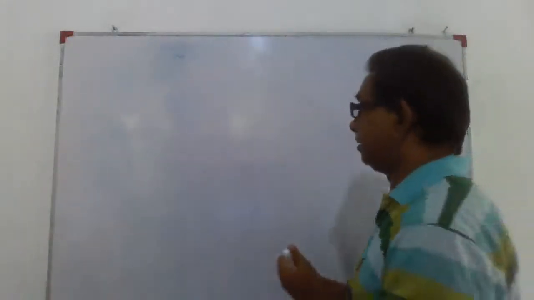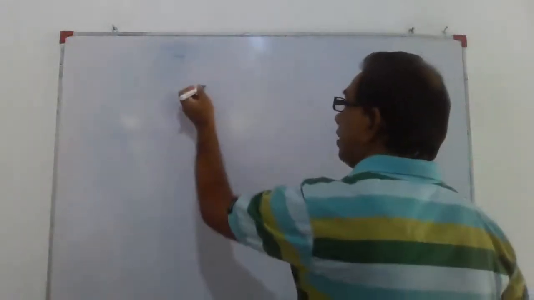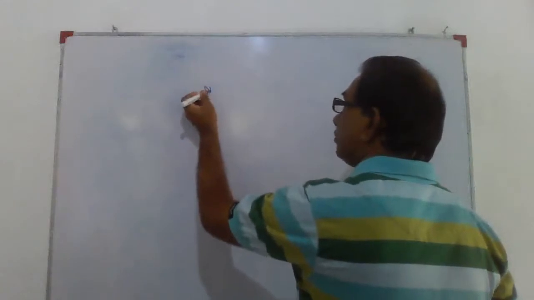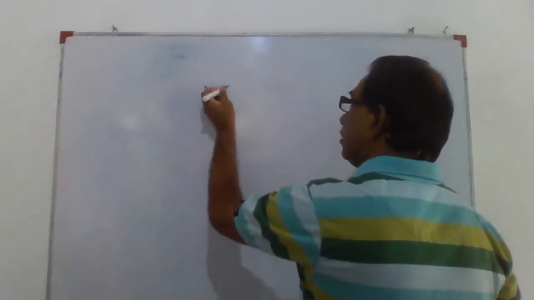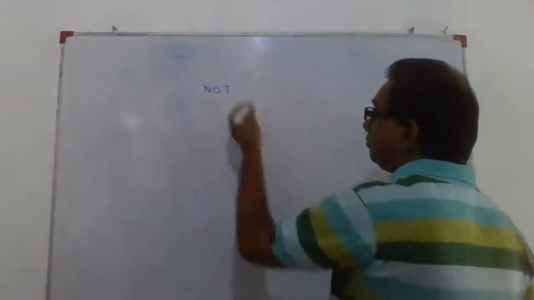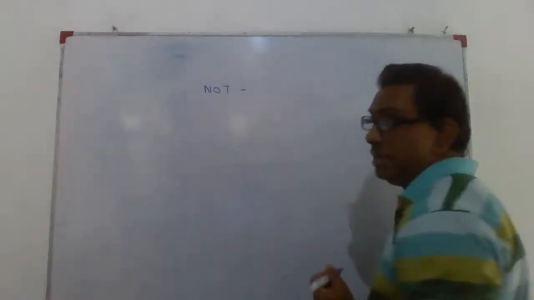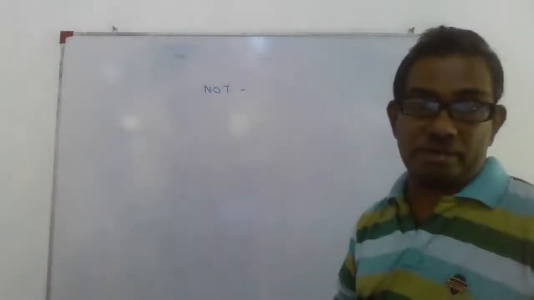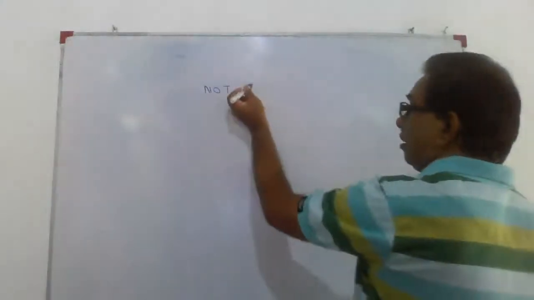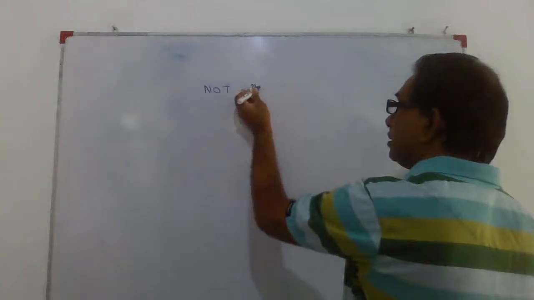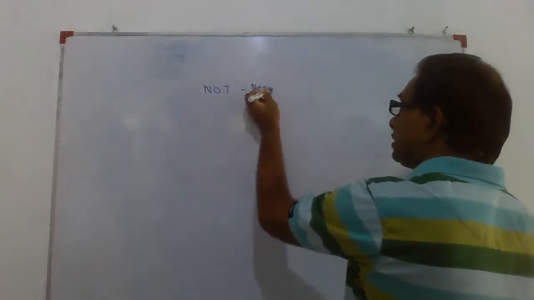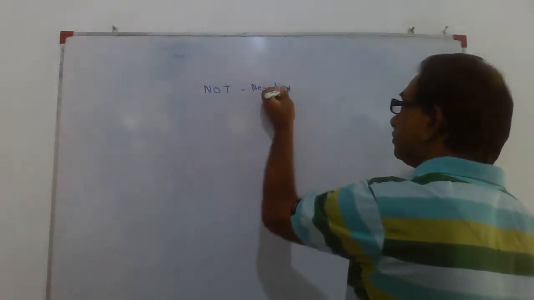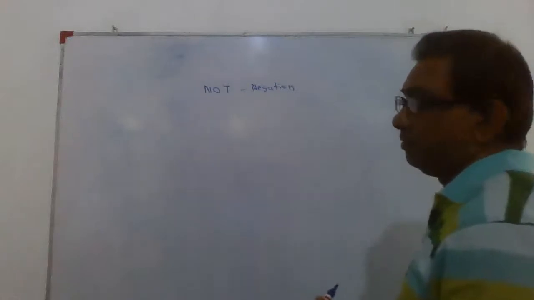In Boolean mathematics, there is an operator called NOT. NOT means negation. So we say NOT in the sense of negation, the opposite of a value.